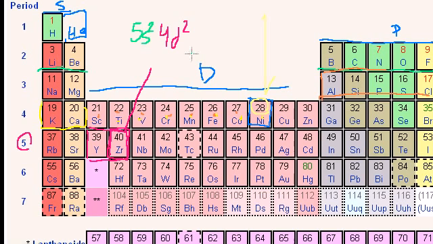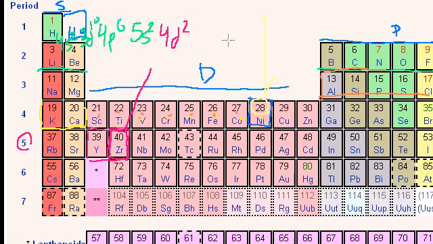And then you could keep going backwards, and you filled out the 4p6. And before you filled out the 4p6, you had 10 in the d here, but what is that? It's in the 4th period, but for d you subtract 1, so it's 3d10. So 3d10. And then you had 4s2. This is getting messy.